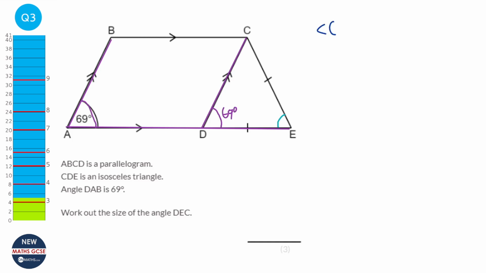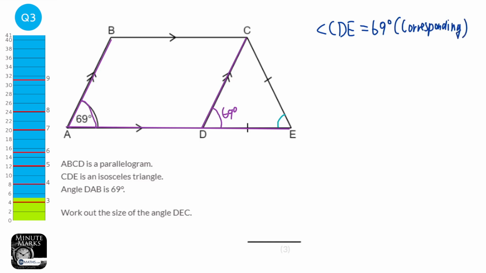So angle CDE equals 69 degrees because of corresponding angles. Okay. So if I know that the CDE is 69, I also will know that this angle here is 69, because they're the bottom 2 angles in a triangle.